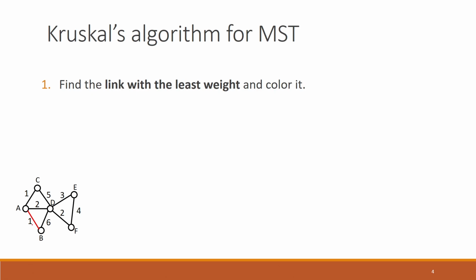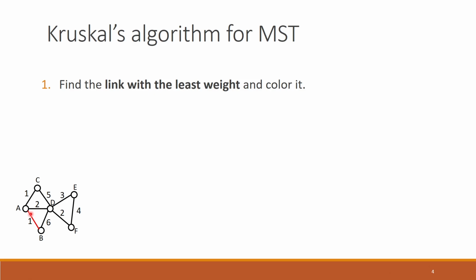One is the link AB and the other is the link AC, okay. Since both of them have link weights equal to 1, both of them are candidates for coloring, and in this case any one of them can be colored, okay. Whenever we get such a tie, any one of the links can be selected and the final solution will still be optimal. So without loss of generality, let us select the link AB.